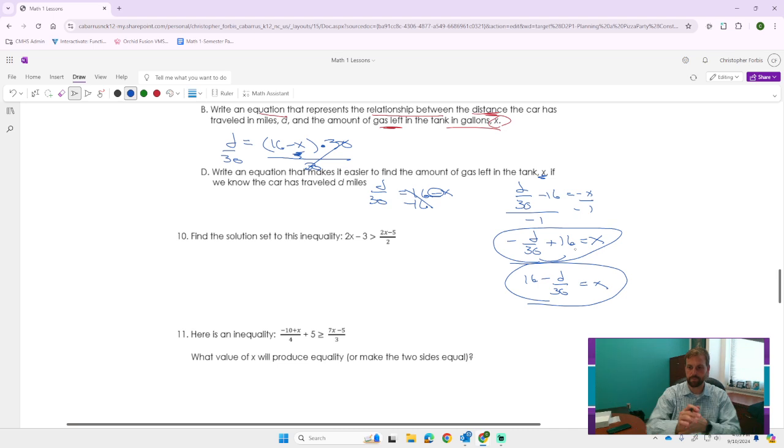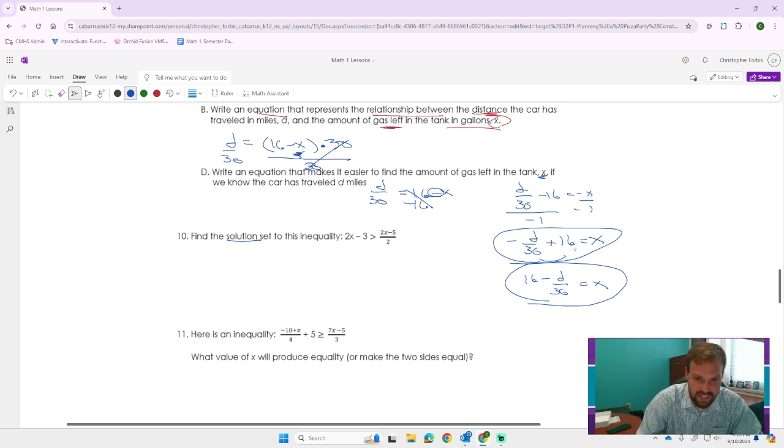All right, very good. Number 10 says, find the solution set to the inequality. So solution set is the same thing as finding a solution to an equation, but now we have a range of values. So just leave that symbol alone. And remember, we only alter the symbol if we divide or multiply both sides by a negative.